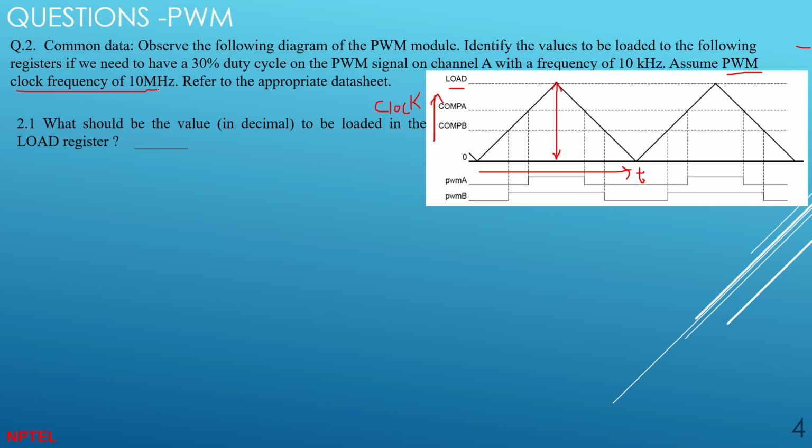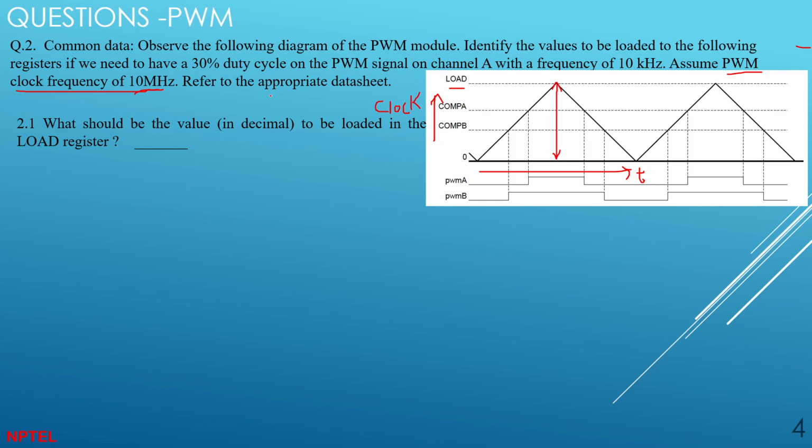If you see it carefully, the PWM clock frequency is 10 megahertz, whereas in the last question the microcontroller frequency was around 40 megahertz. So you see that the PWM clock frequency is a lot lower.